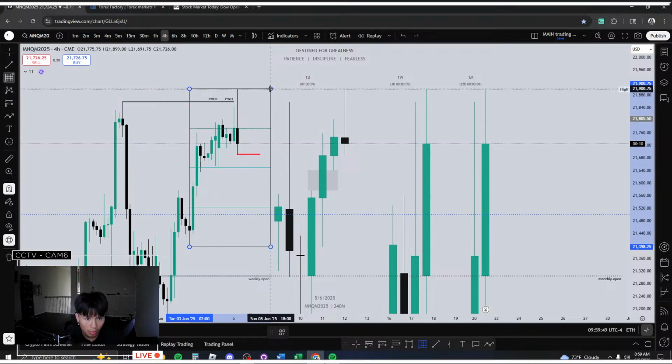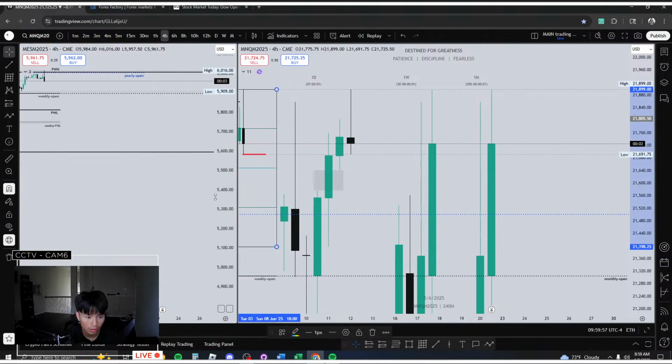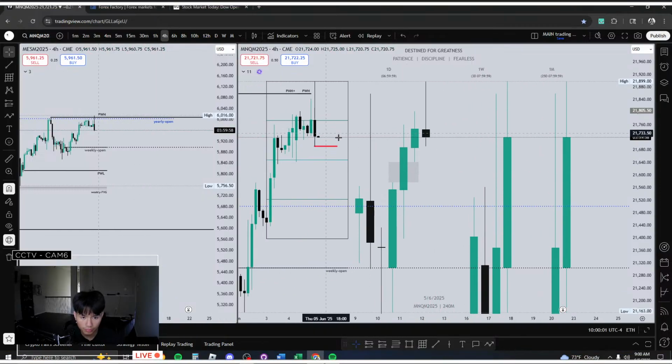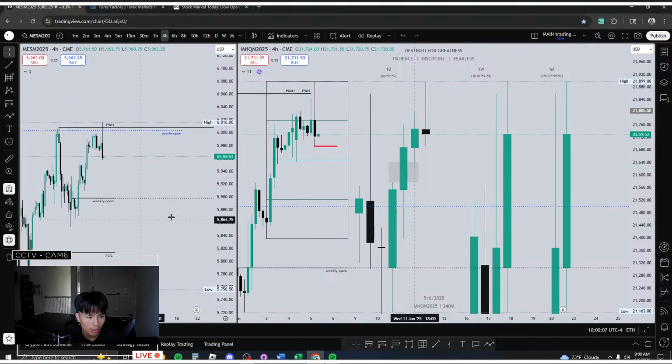I do want to see if, okay, that's interesting. So there is the 4-hour open, and here I'm gonna watch if NQ is going to draw towards that 4-hour low.